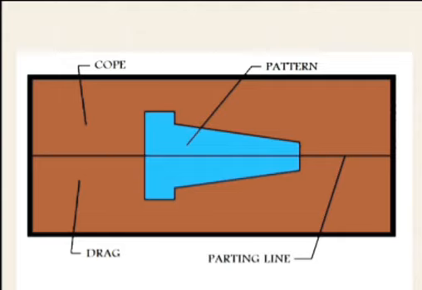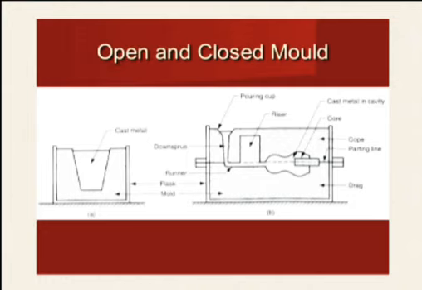The diagram shows a metal or wood pattern. The top portion is called the cope, the bottom portion is called the drag, and the line dividing cope and drag is called the parting line. The next diagram shows an open and a closed mold.